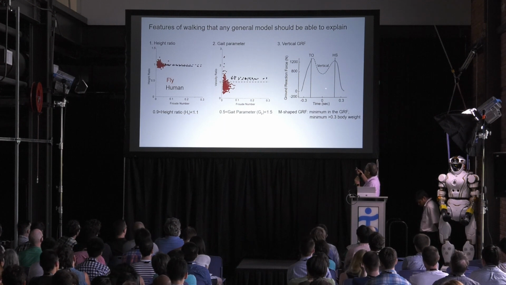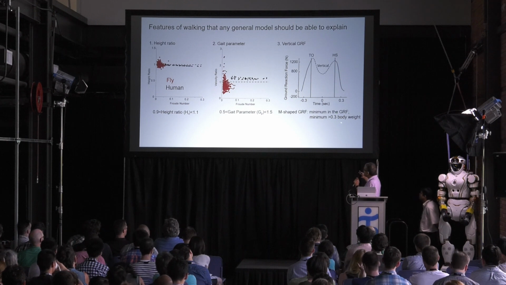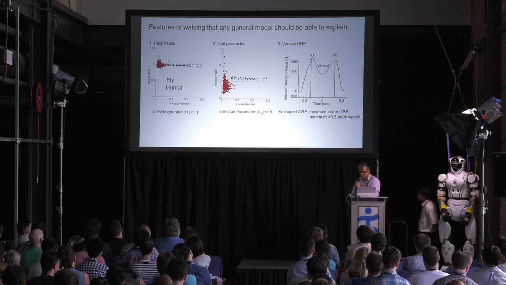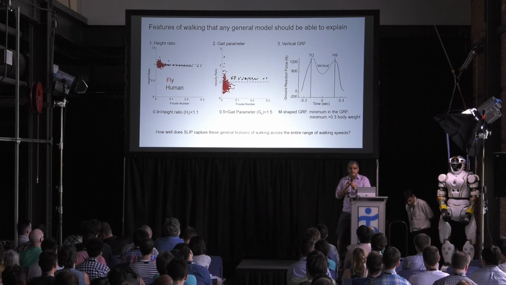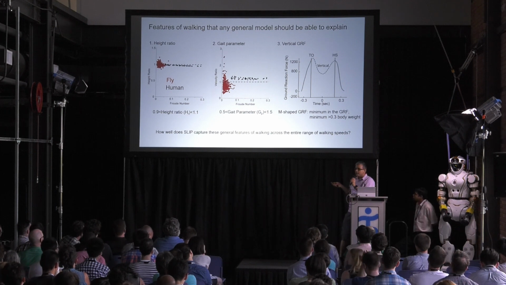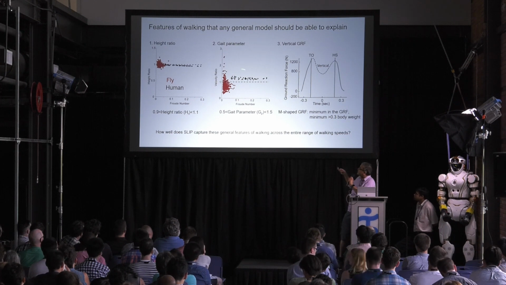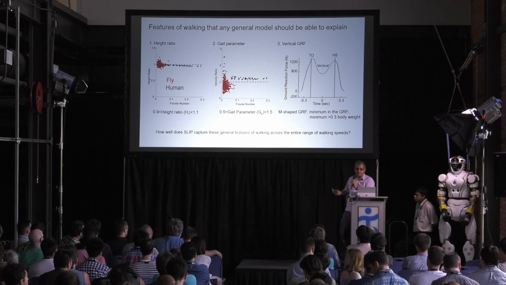And again, a model should be able to generate this kind of force. And finally, the minimum in a single stance phase should not get uncomfortably low. We ensure that by keeping the bounds at 30% of the body weight. So essentially, I'll hand it over to Tirtho now, and he'll start by asking how well SLIP does at generating trajectories with these constraints.